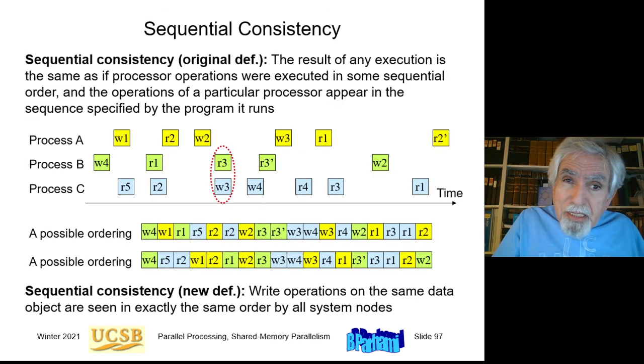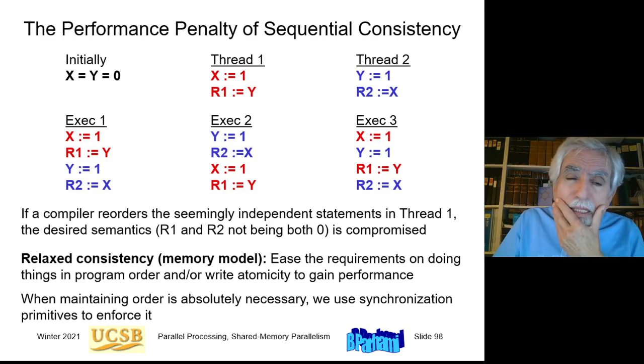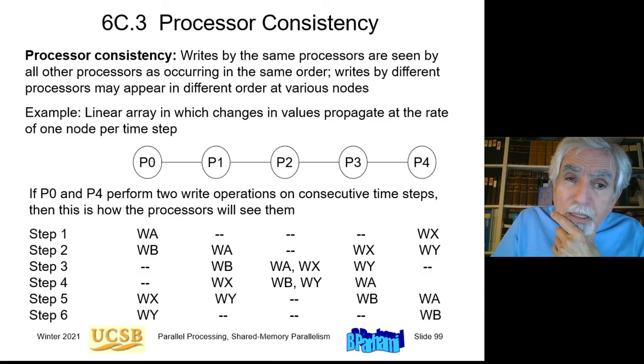So there are various consistency models. I'll let you read these because I've already spent a lot of time. The idea is that sequential consistency, which is the most strict form of consistency, has a non-trivial performance overhead. Therefore, to avoid that overhead, we define less strict consistency schemes that improve performance, but they create dangers of things happening out of order.